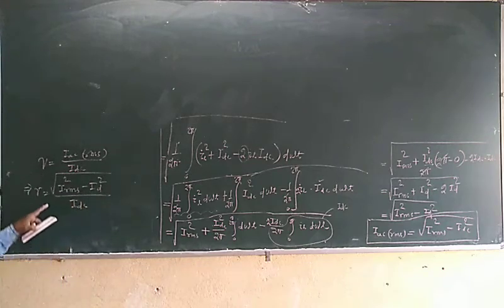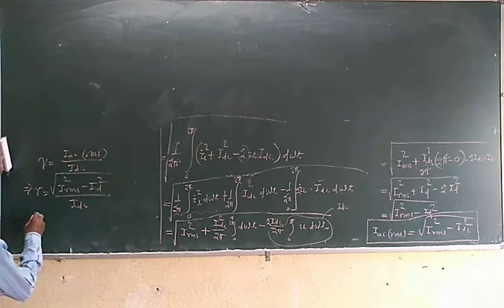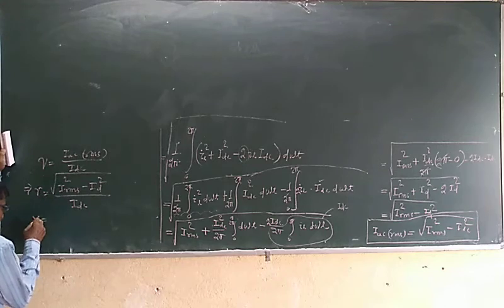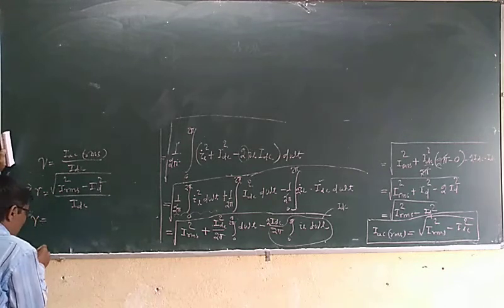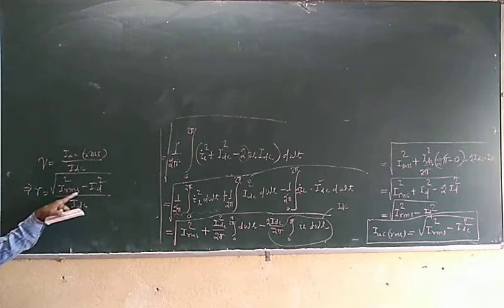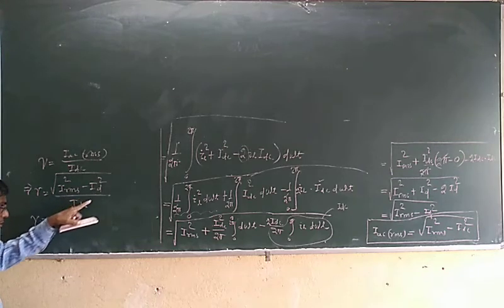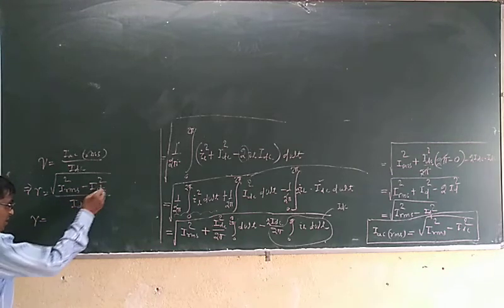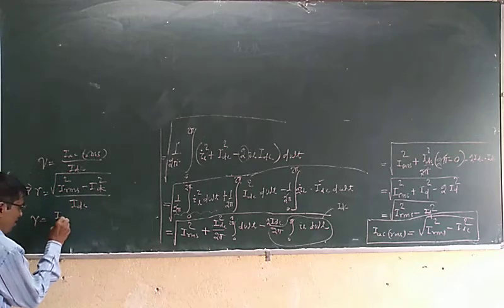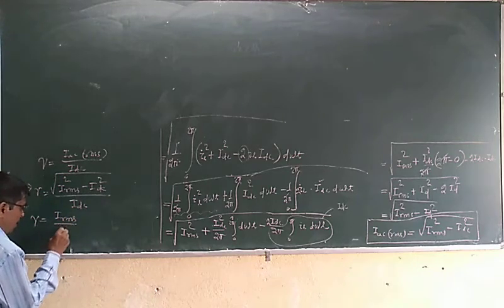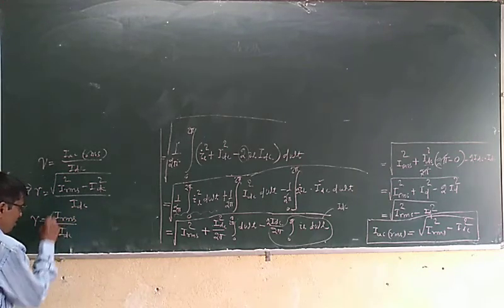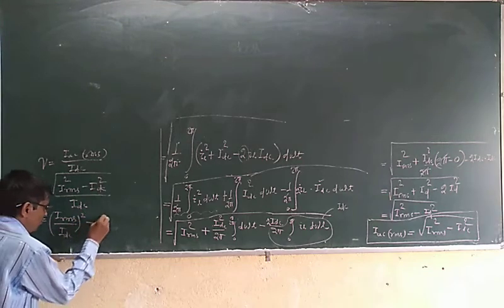Then we calculate a particular value: gamma equals root of IRMS square minus IDC square by IDC, that is, the root of IRMS by IDC whole square minus 1.